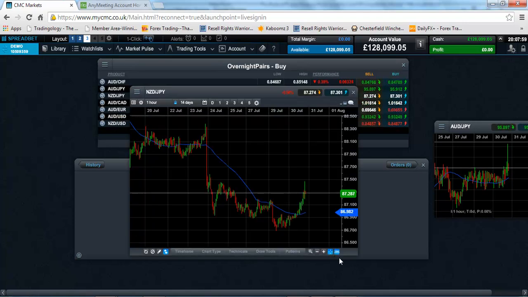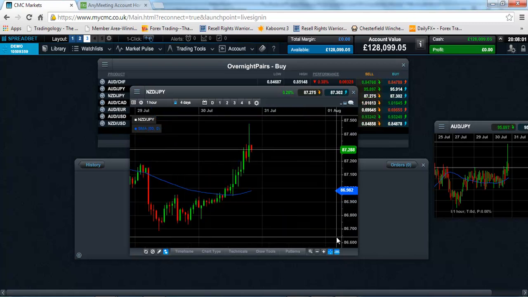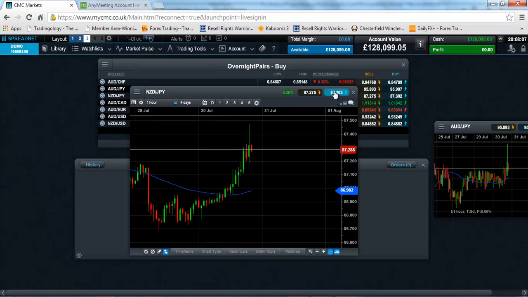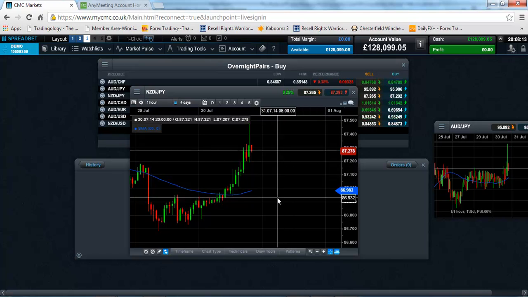This one is quite good. If you're not in trade at the moment, you can buy this one. So by buying, you just click on the blue arrow facing upwards. You click on it.